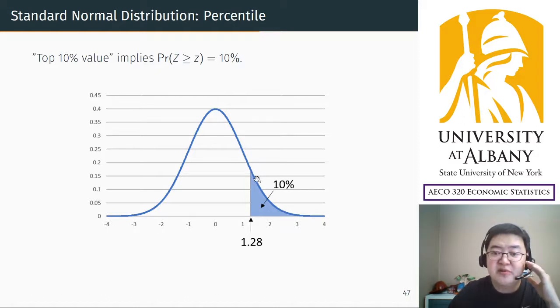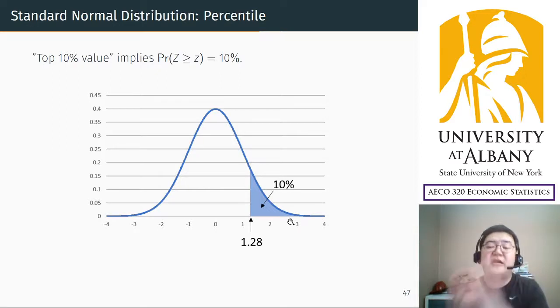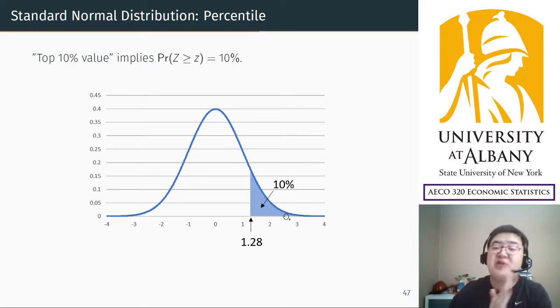So the probability, the area above or to the right of the value, must be 10%. What is the probability of being greater than something equals 10%? We are looking for this, and Excel tells you that this is 1.28.